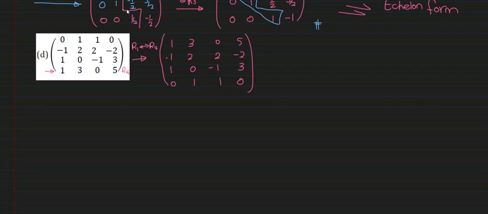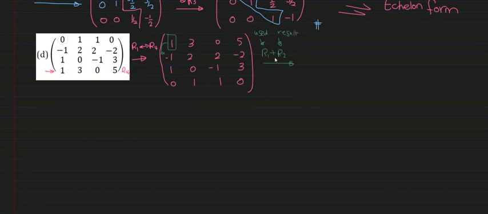Now we need to use this one in order to eliminate the elements below it. So we need to eliminate this -1 first. They are both additive inverse. So we might say that row 1 will be added to row 2 directly. This is the used row and this is the result, where the result will be set.